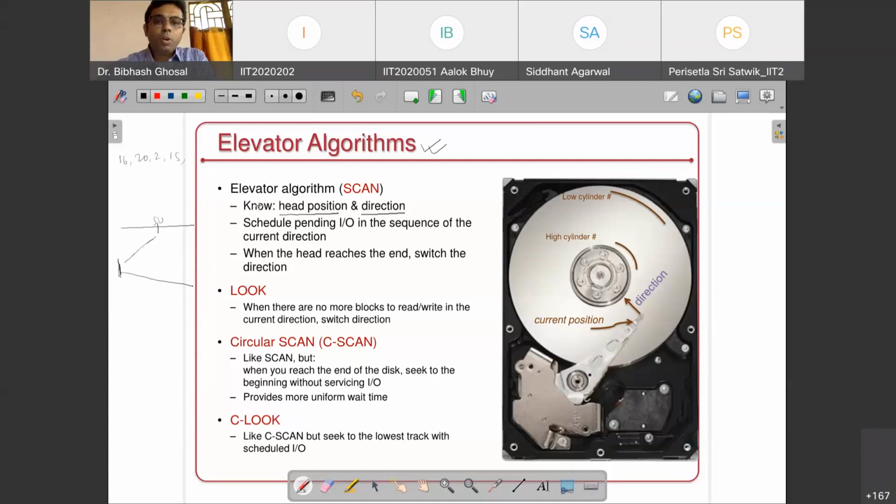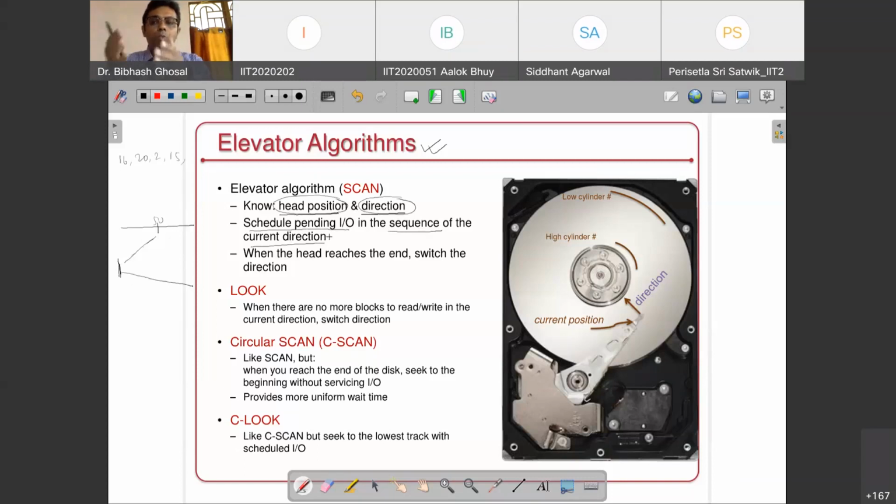Look, you know the head position. Obviously, for all the scheduling algorithms, your current head position should be known. And you know the direction. In which direction should we travel? Should I travel to greater than my current head position or lower than my current head position? But once you have started, all the pending requests along your path should be executed. So you schedule the pending IO in the sequence of the current direction.